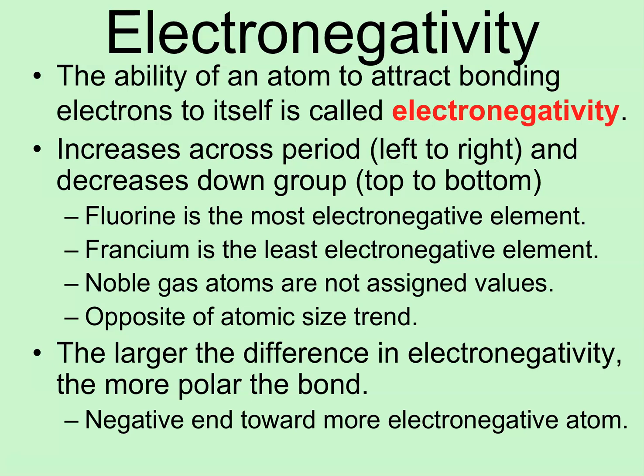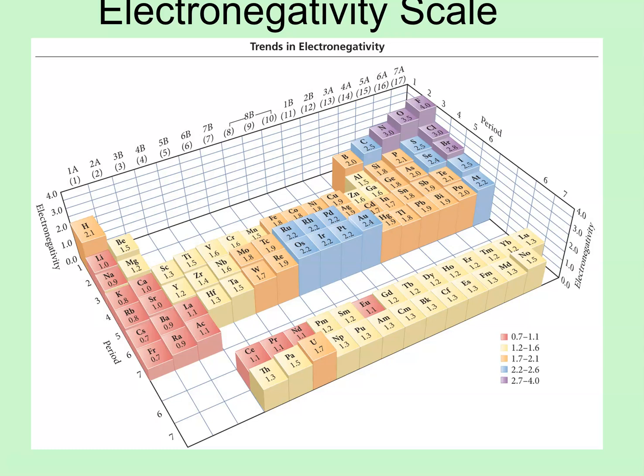So going back to the larger difference, you're not going to be given any numbers. You have to base this off of where they're located on the periodic table. Graphically or chart-wise, here's numbers. You'll never be given numbers, but we can see fluorine up there at 4.0, top right.